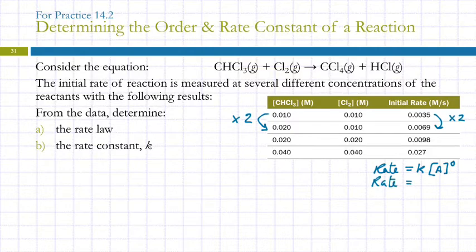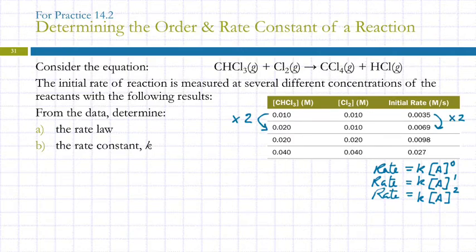For first order, the rate goes to the concentration to the first power. And for second order, it's the concentration to the second power. So the rate is directly proportional to the concentration of CHCl3.